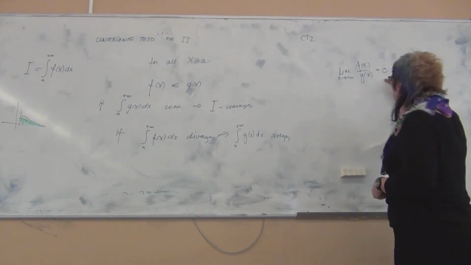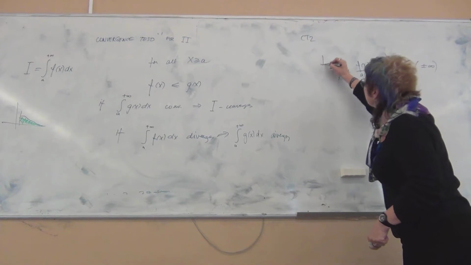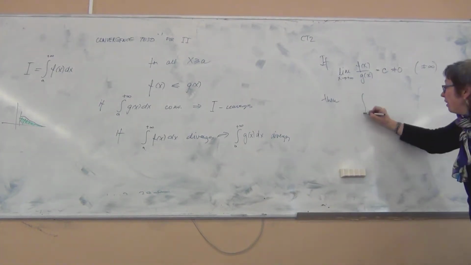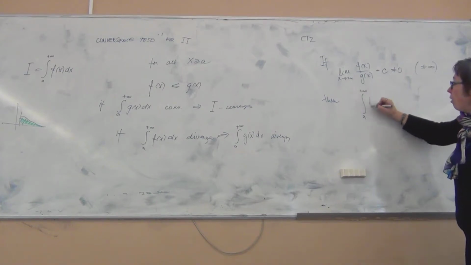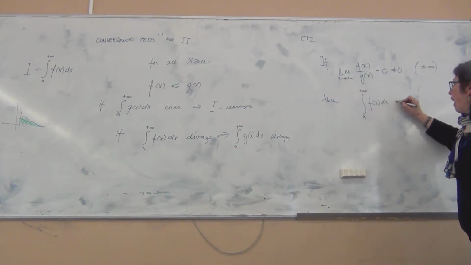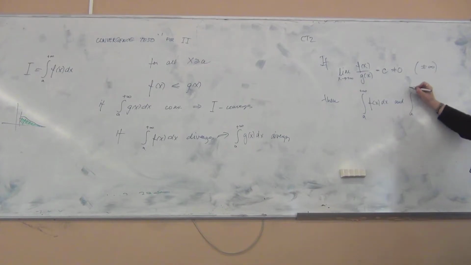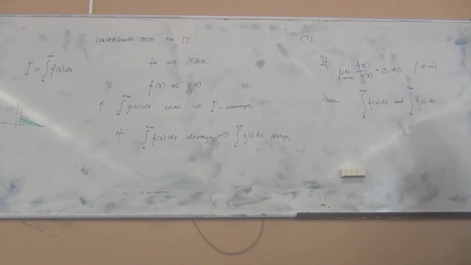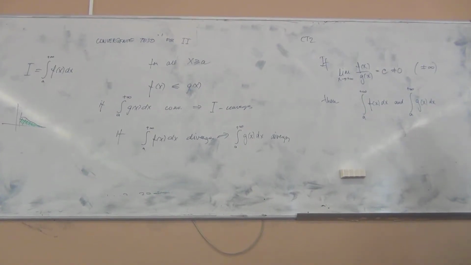And so if this is true, then the second comparison test says the integral of the f function and the integral of the g function both converge or both diverge. In other words, they behave in a similar manner.